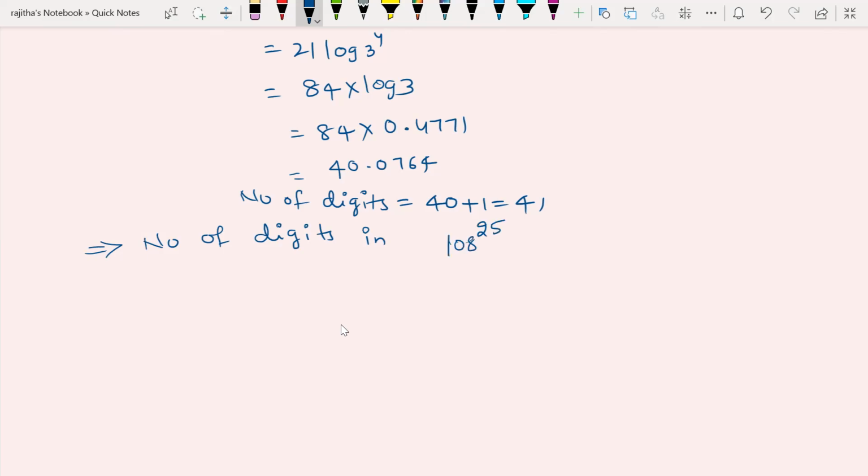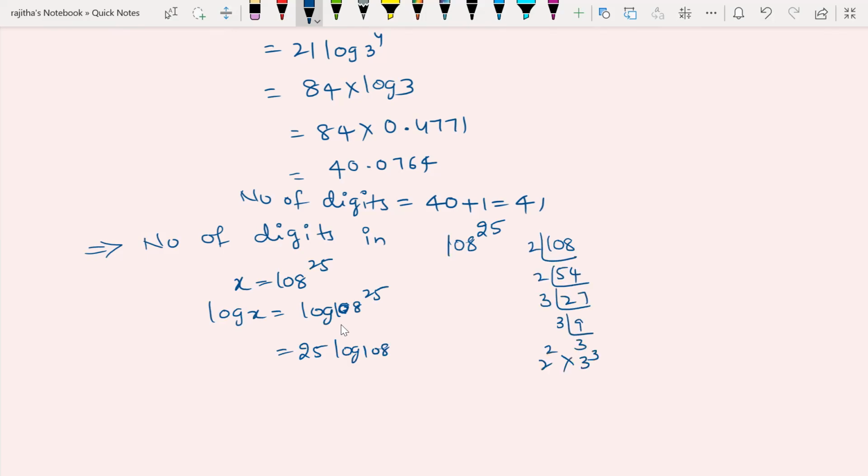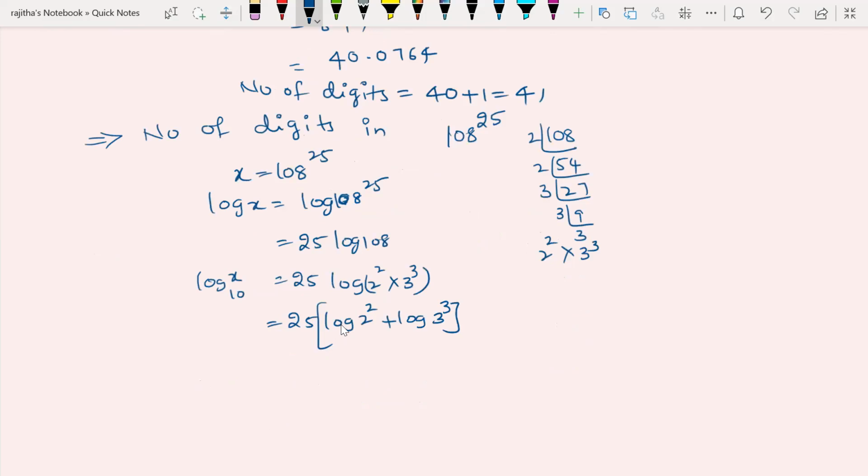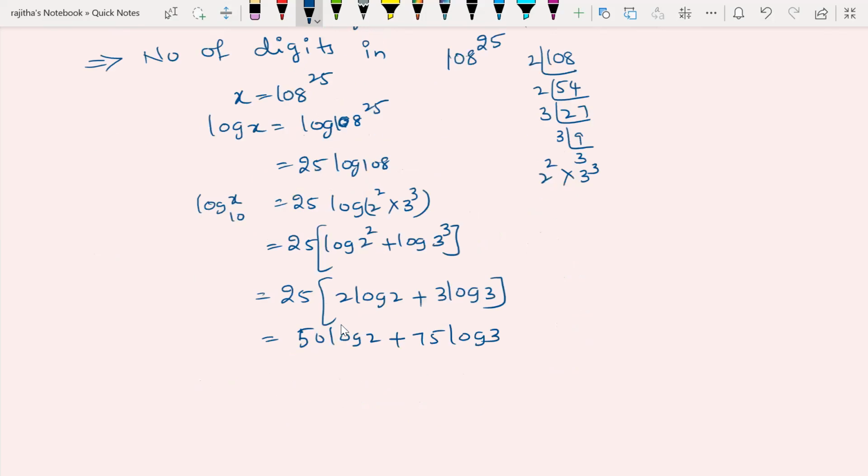Here x equals 108 to the power 25. 108 is 2 squared into 3 cubed, so log x equals 50 log 2 plus 75 log 3, which is 50 into 0.3010 plus 75 into 0.4771.